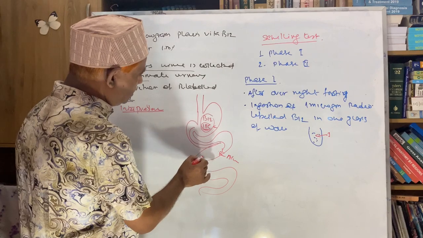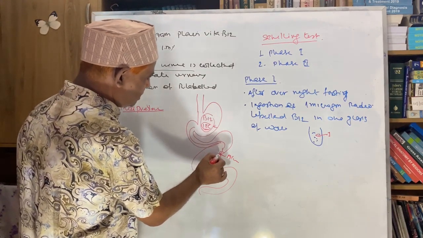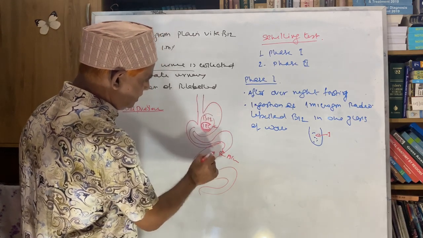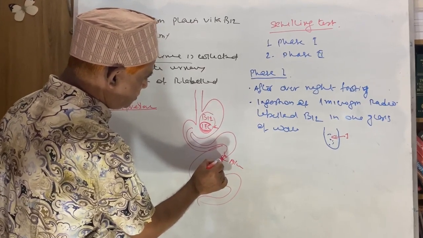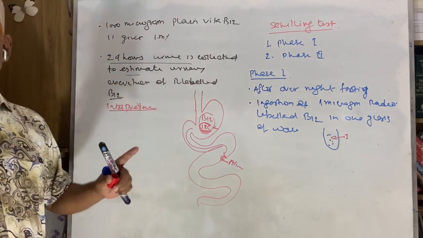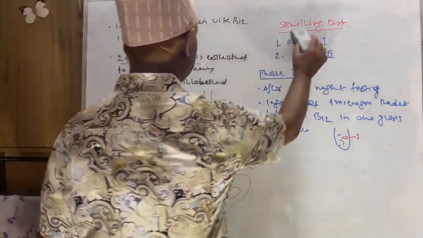The combined form of intrinsic factor of Castle and vitamin B12 comes into the intestine, where there is a receptor for this intrinsic factor. Due to the presence of the receptor, vitamin B12 is absorbed into blood. This is the normal physiology, the normal pathway of absorption of vitamin B12.